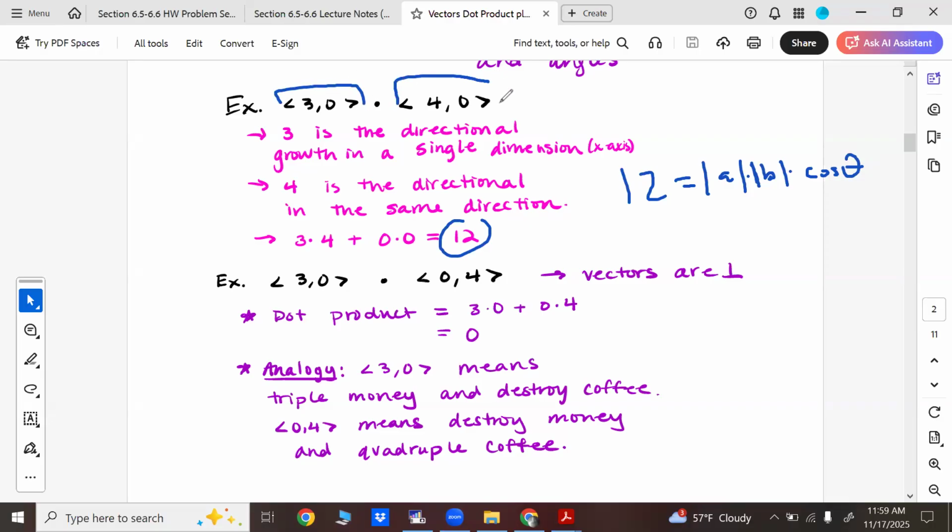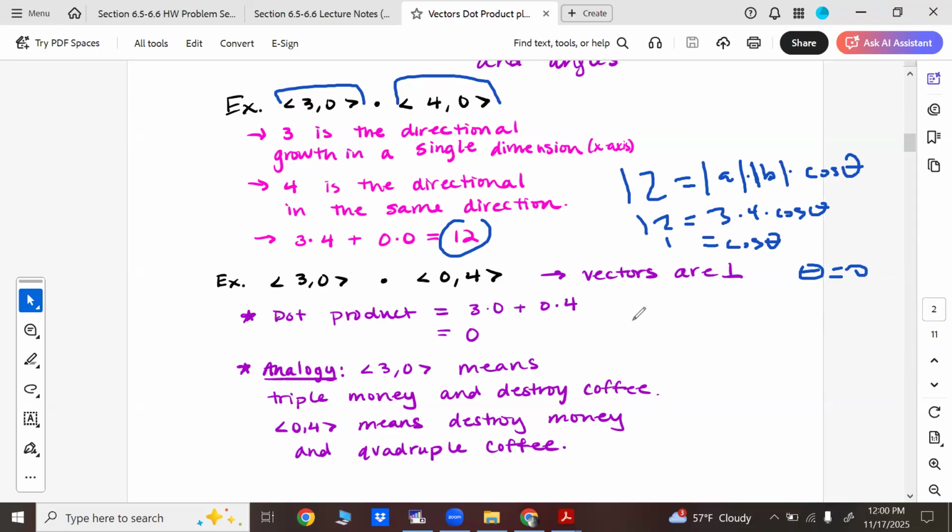What's the magnitude of the second vector? 4. So 12 equals 3 times 4 times cosine theta. What's cosine theta equal? So your angle has to be 0. And that makes sense because both vectors go in the same direction. If they both go in the same direction, what's the angle between them? 0. There's no gap between them, right?